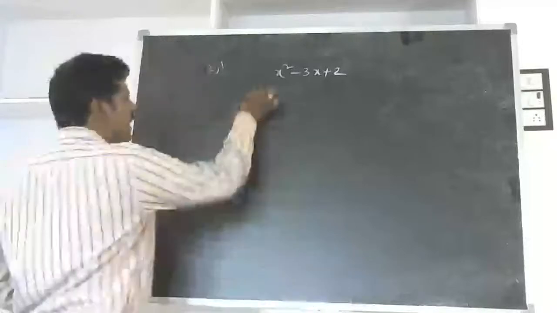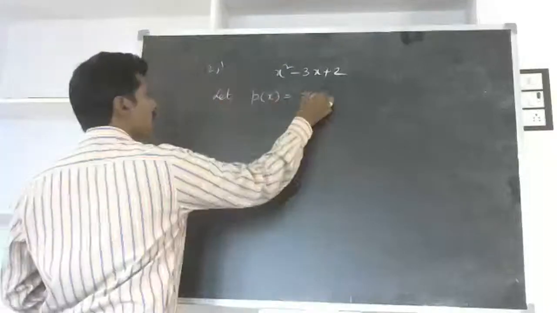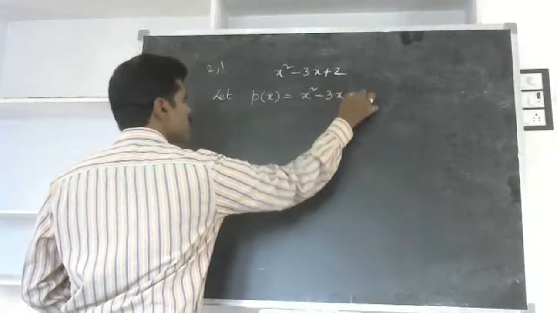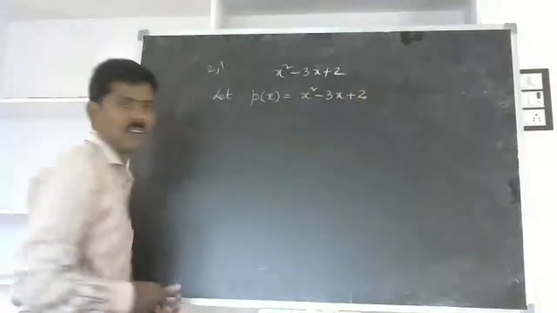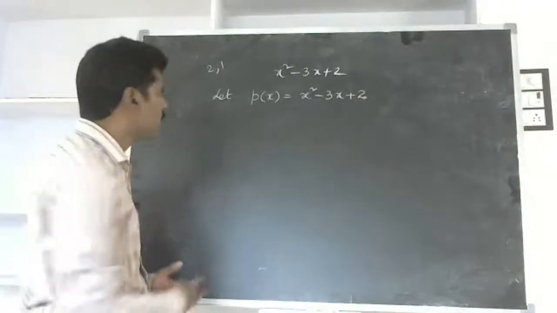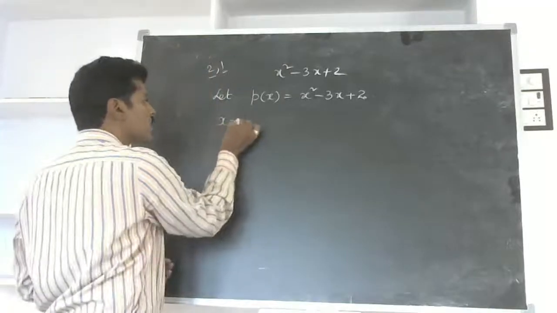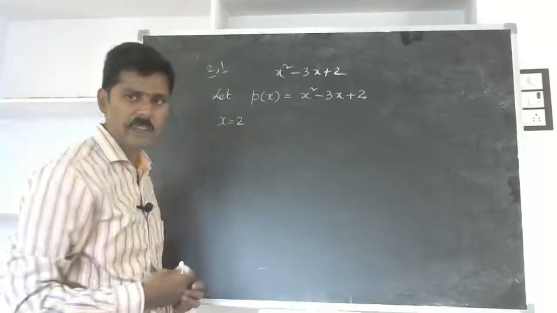First you have to take, let this be p of x, let p of x equals x square minus 3x plus 2. After writing x square minus 3x plus 2, I will go with what they have given, 2 and 1. So if x is equal to 2, I have to take 2 in the place of x.